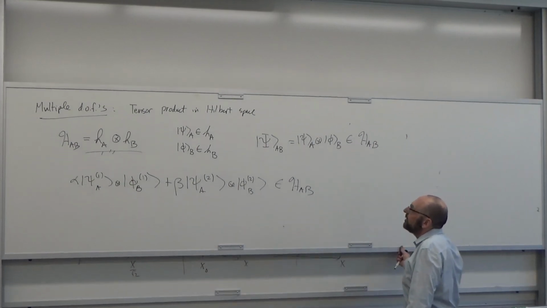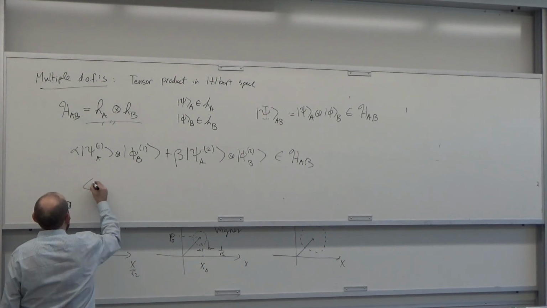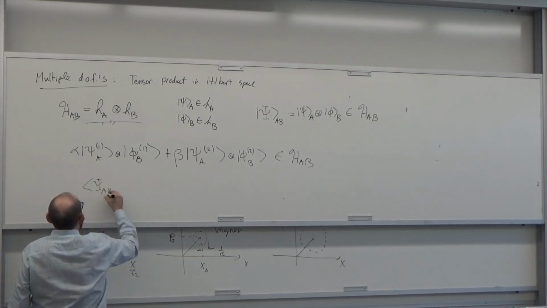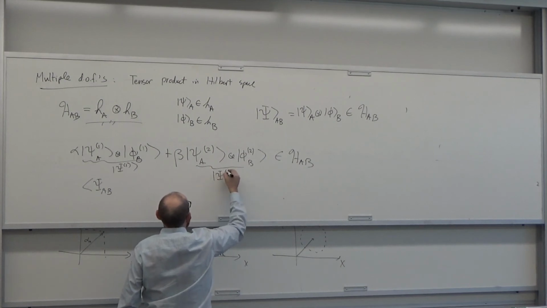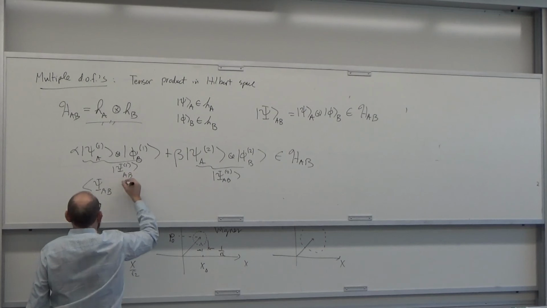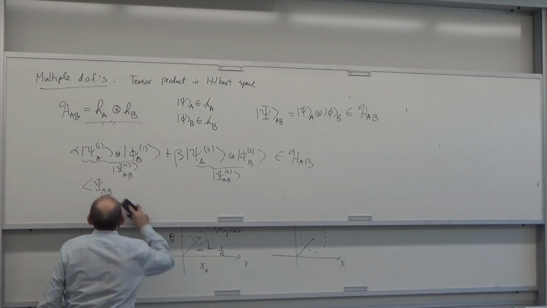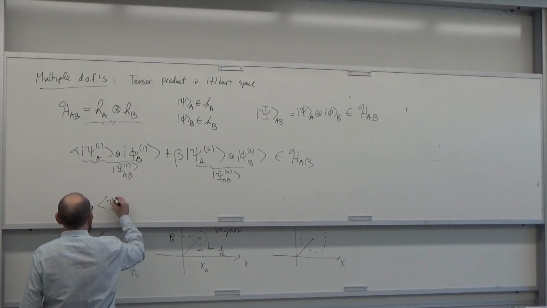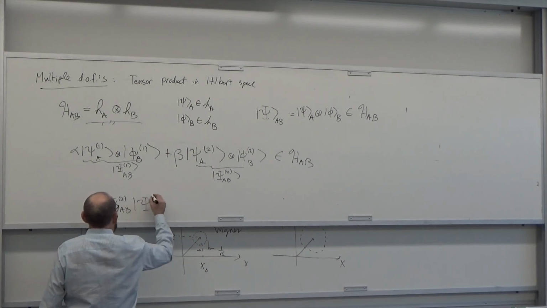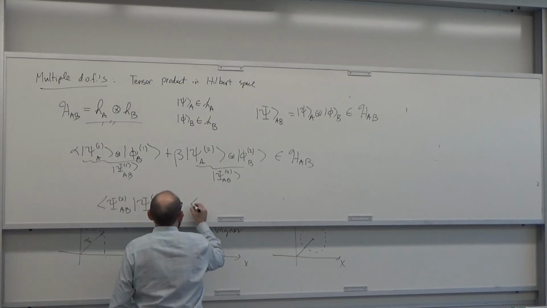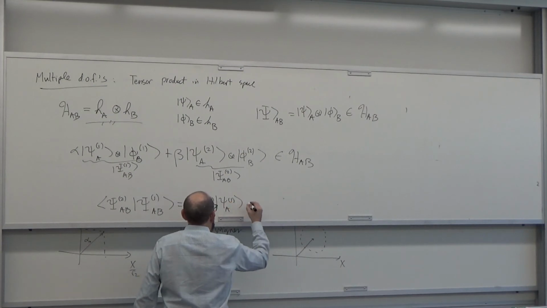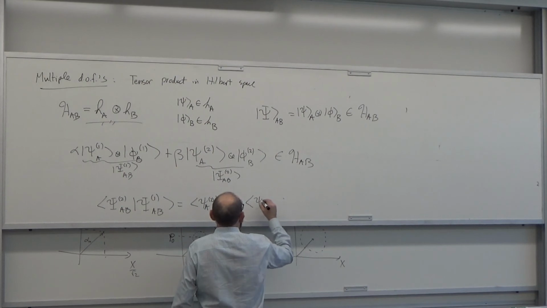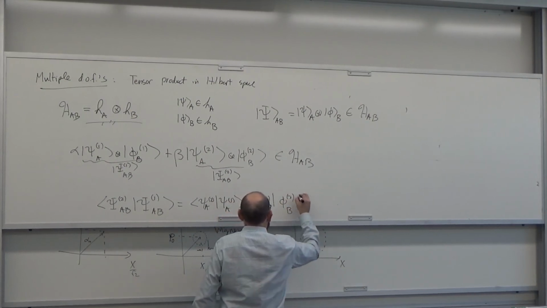Okay. And if I also have the inner product of two such states, let's call this psi 1, let's call this psi 2, then the inner product between those two states is, by definition, I use the inner product from Hilbert space A and I use the inner product from Hilbert space B. Okay, so these are complex numbers.